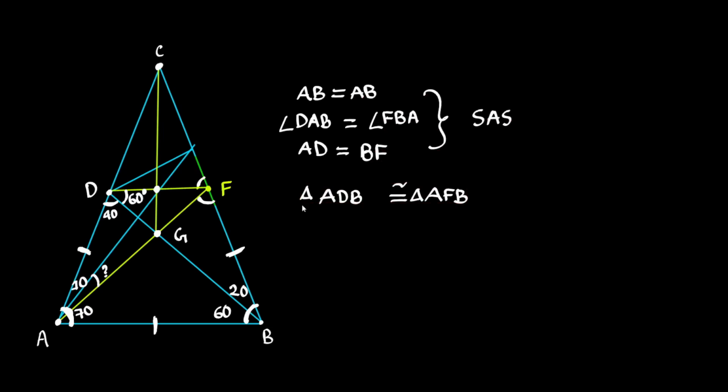Because of all this, we can say these two are congruent. As these two are congruent, the opposite angles will be equal for these two, which means the opposite angle of AB in ADB, the angle 40, will be equal to the opposite angle in the other triangle. So this is 40, this is 80, this is 80.